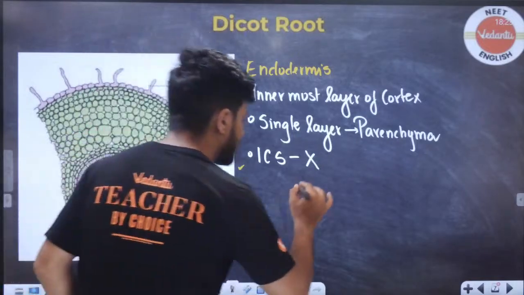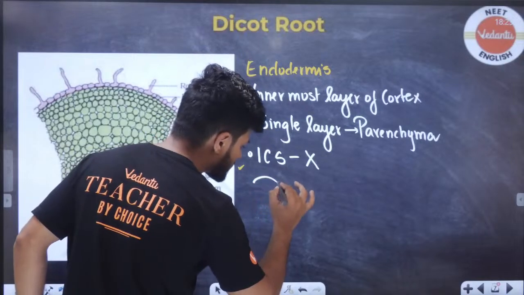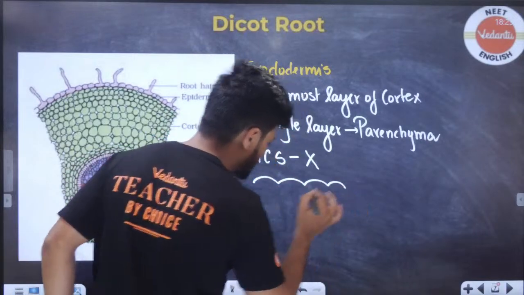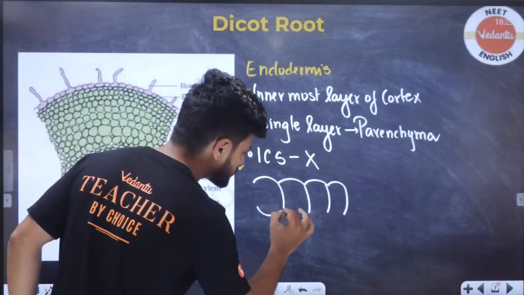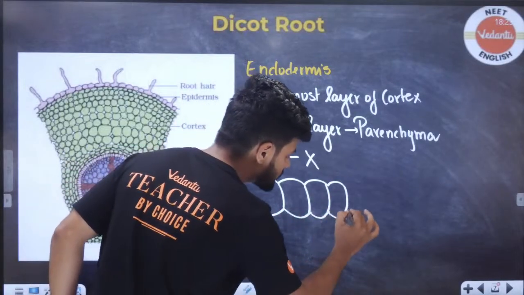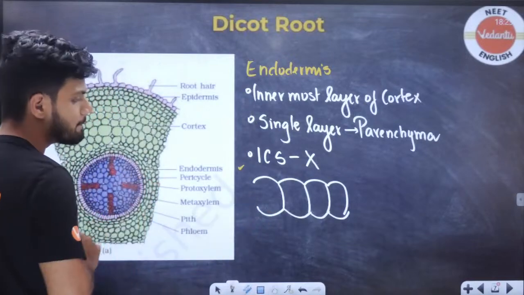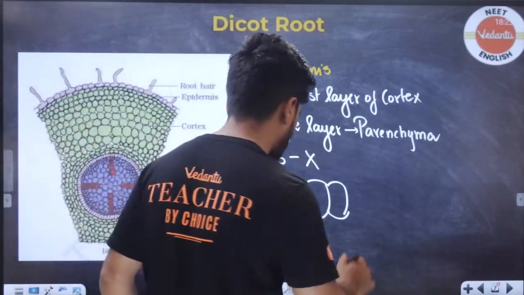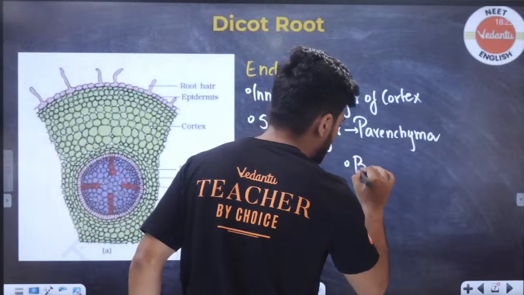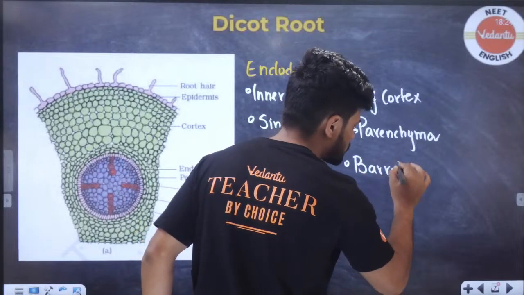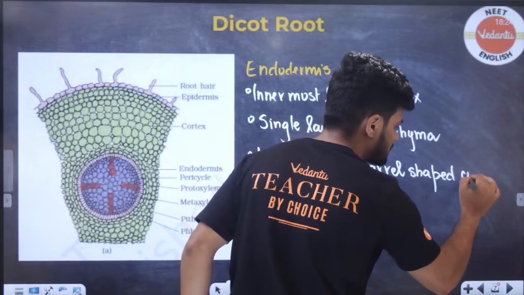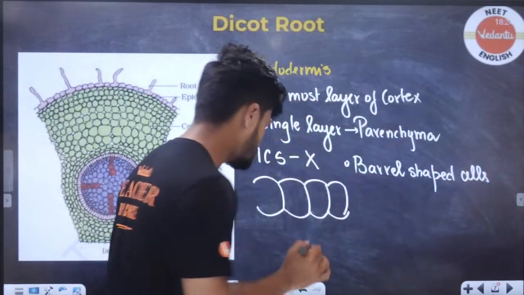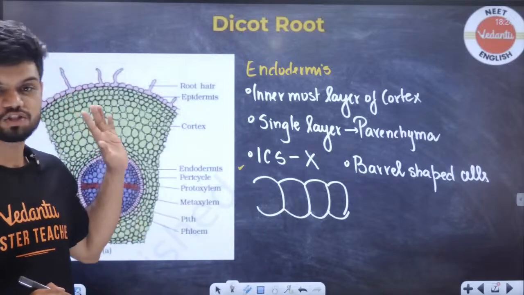Do you see, all the cells are somewhat barrel shaped. This is called barrel shaped cells.